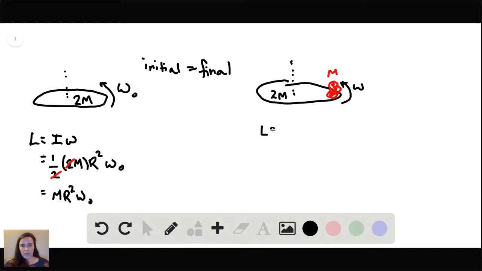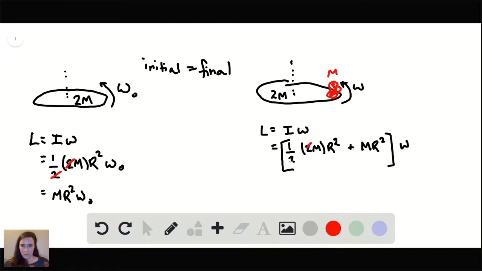At the end, these things are stuck together, so they're going to be going at the same angular velocity. So I have my disk, which is 1/2 m r squared, plus my blob, which is m r squared, times omega final.